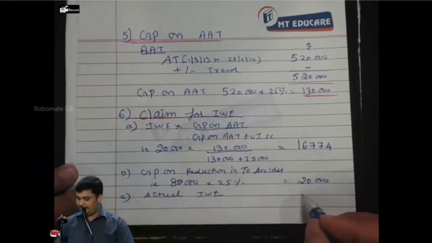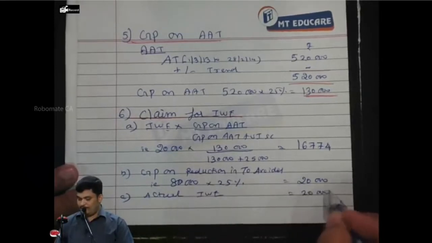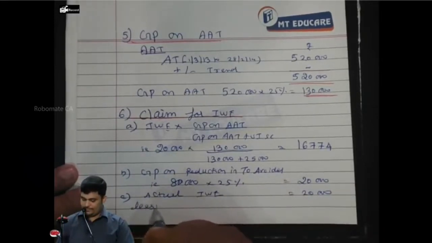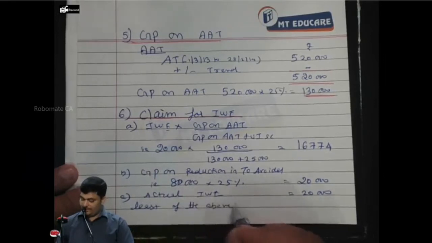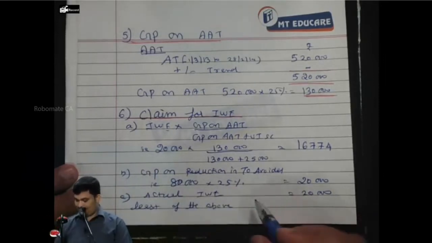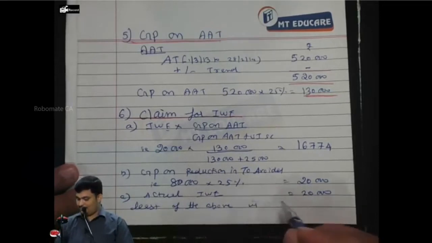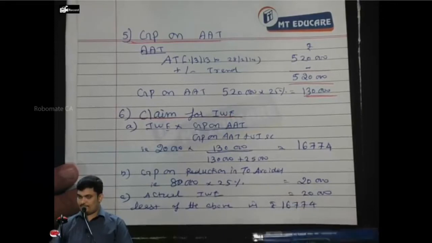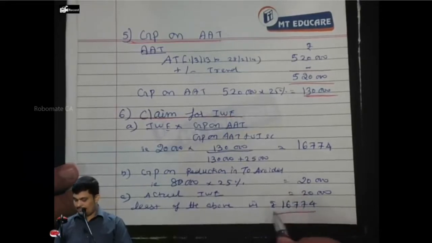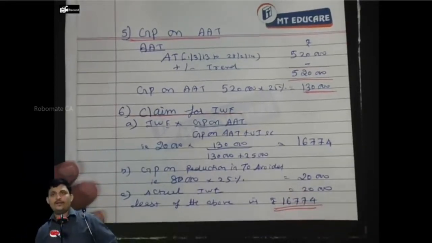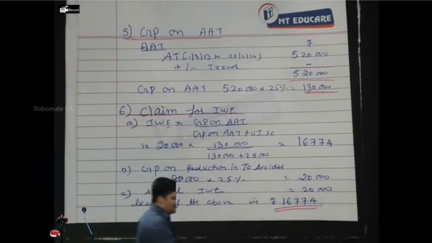Actual IWE is 20,000. Some of them, without knowing RETA, also got the answer correctly. Additional sales arising from additional expenditure is what we call RETA.